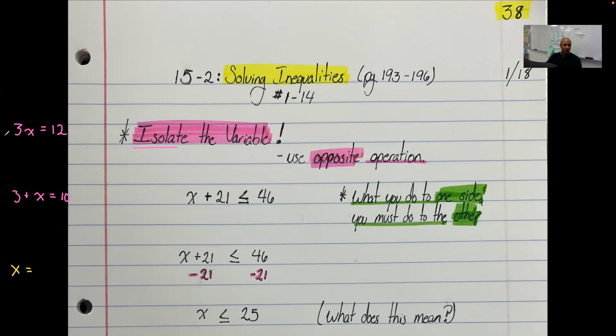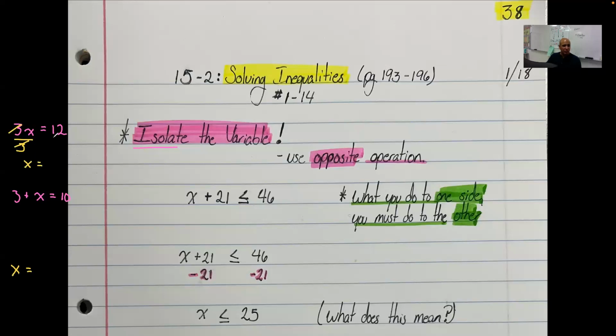In this first scenario, the x is not isolated because we're multiplying by 3. So the way that I isolate the variable is I would do the opposite operation of multiplication, which is division.